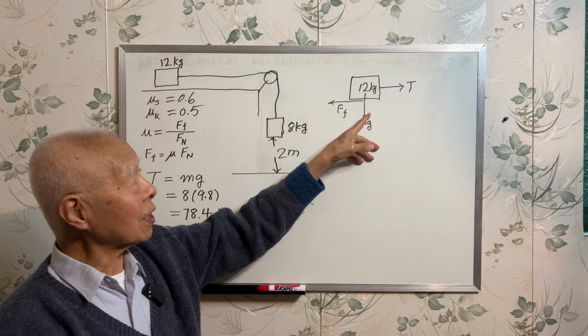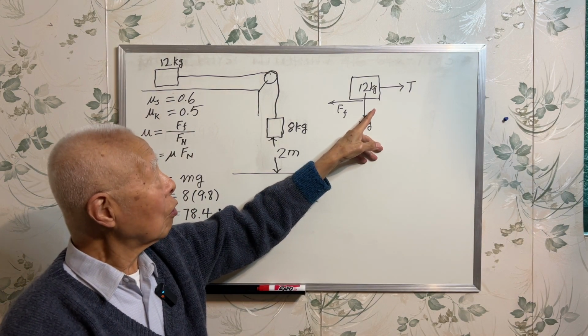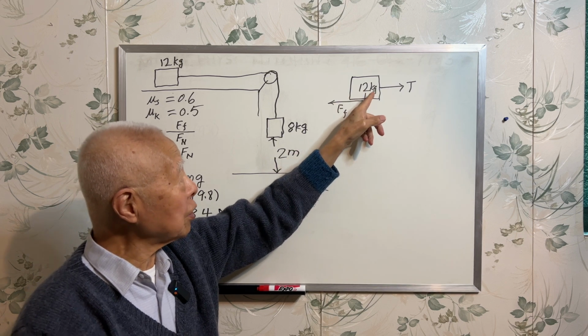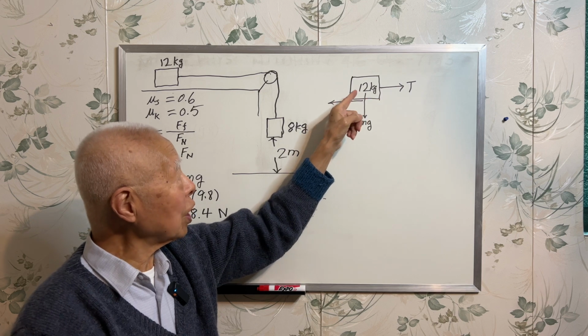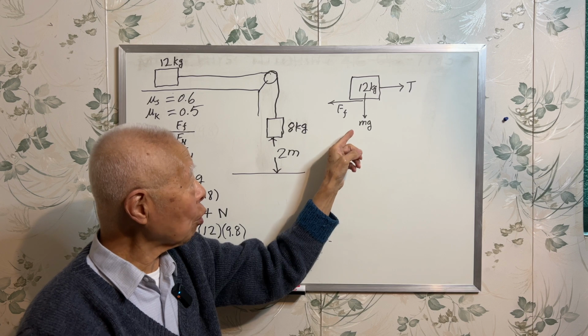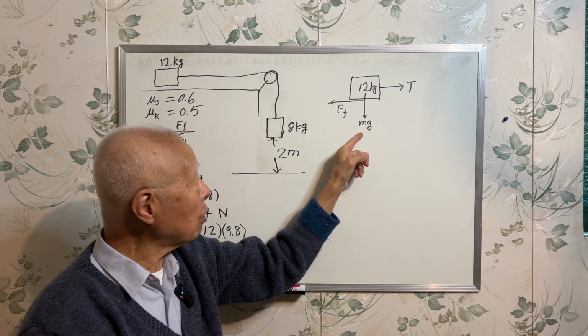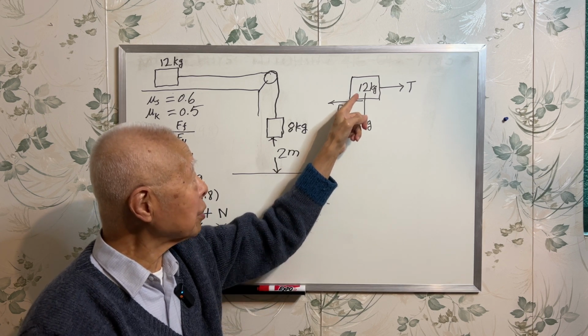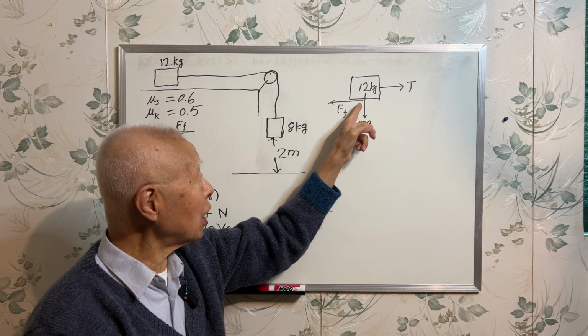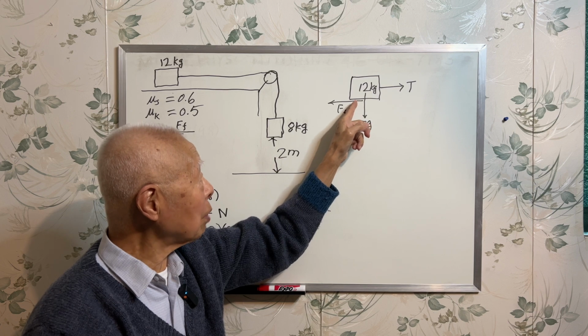This is the free body diagram for the 12 kg mass. There is a tension force pulling this mass to the right-hand side. There is force of gravity going down, and at the bottom of the mass, of course, it's above the surface of the table.